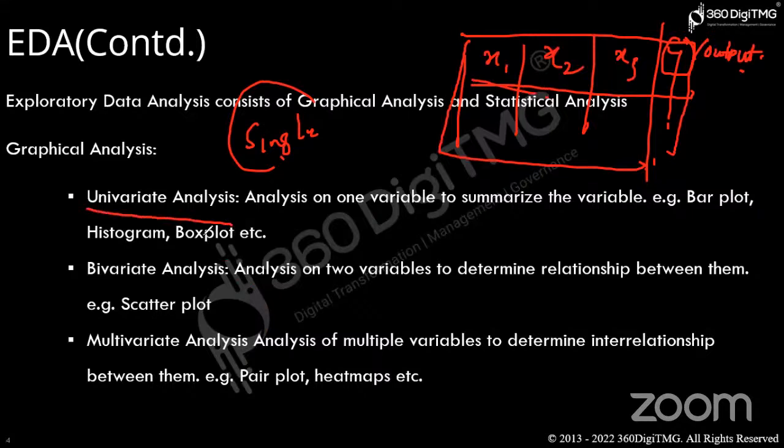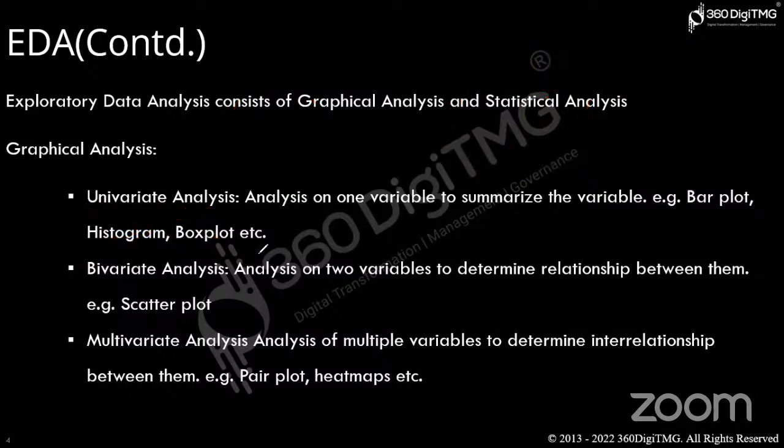In univariate analysis, we have the bar plot, histogram, and box plot. They show how your feature or column is spread, how the variance is, and whether it is symmetric or non-symmetric. You will come to know all those things using the bar plot or histogram. Even using the box plot, you can find out the symmetry of your feature. What symmetry means and all those things, we'll discuss in a minute.